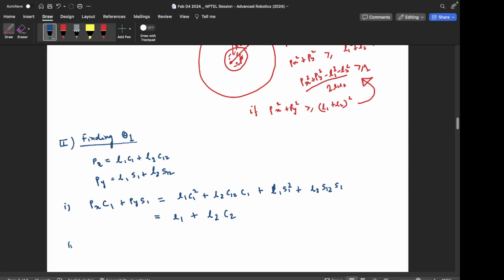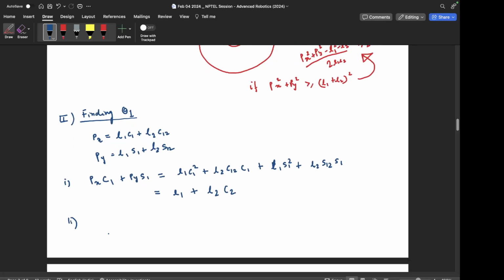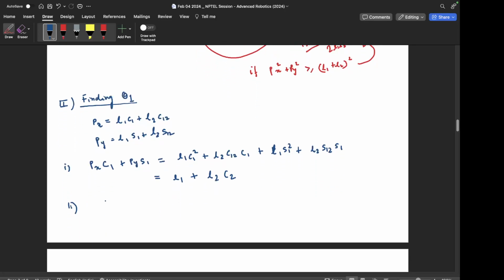The second manipulated equation, which we will get is by multiplying the first equation by S1 and the second by C1.